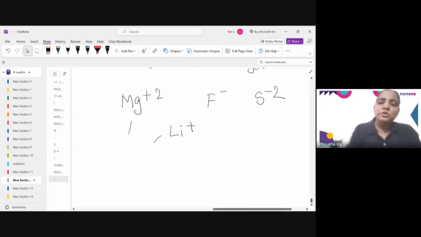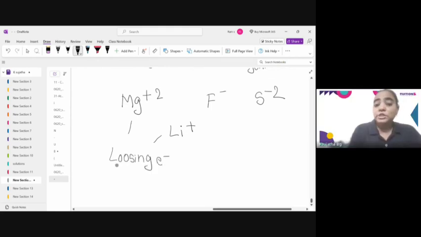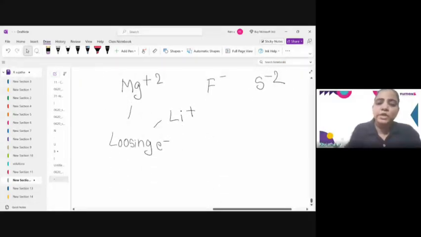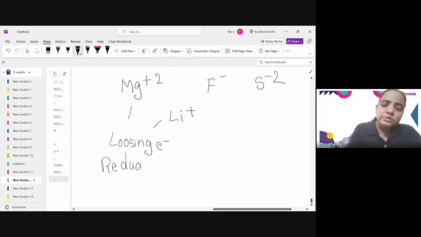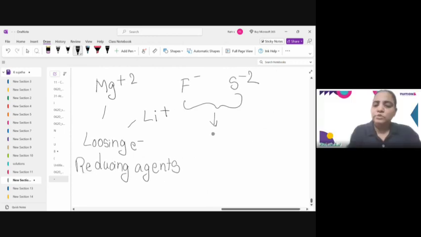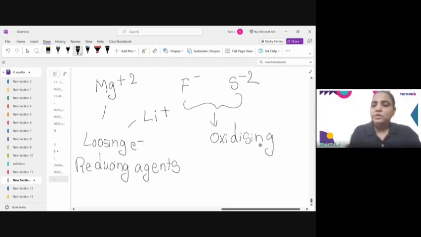Losing electrons means what do we call these species? Reducing agents. What about the other two? They are oxidizing agents. Which process are they undergoing? Gain of electrons.